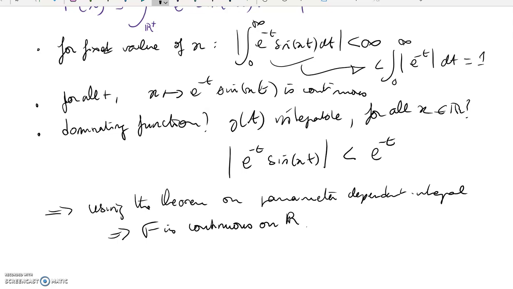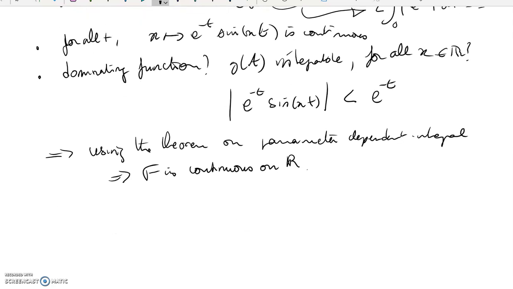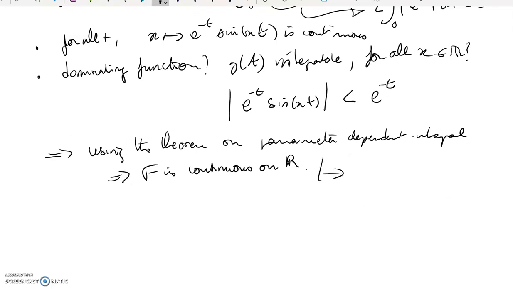Okay, and just on that point, that means, for instance, F of 0, if you plug 0 in your function, you get the integral of e to the minus t times the sine of 0 times t, dt on 0 to plus infinity. So the sine is 0, so that should be equal to 0.